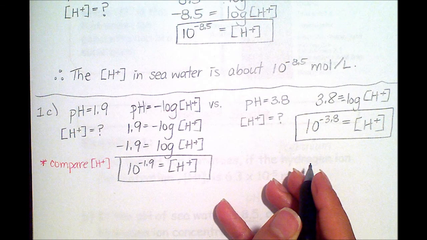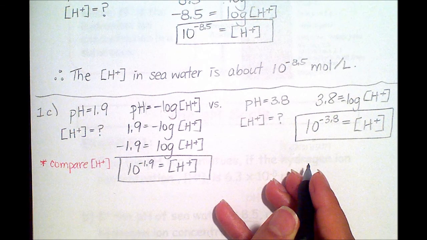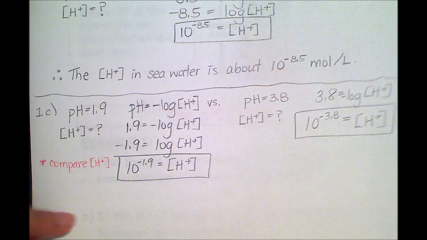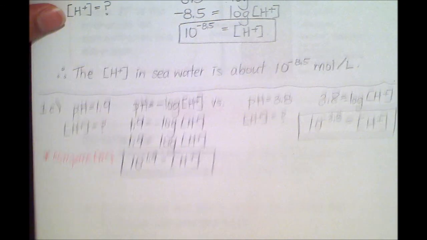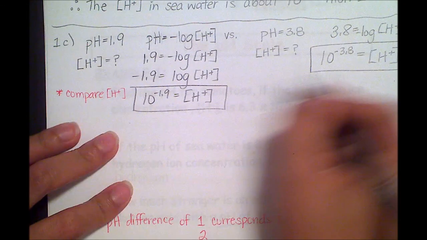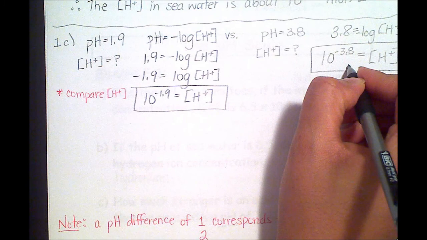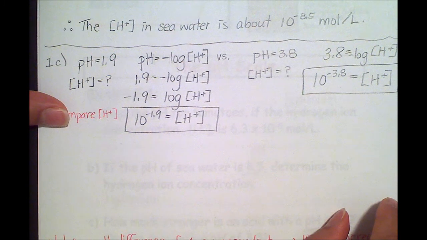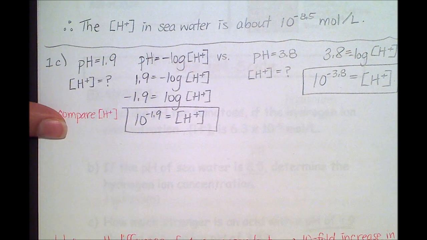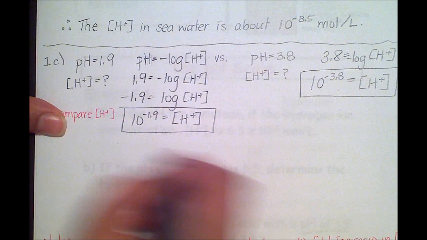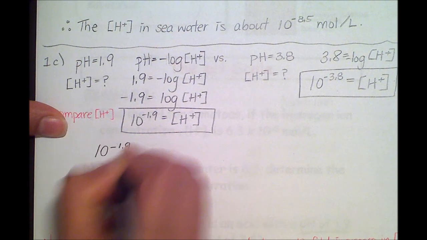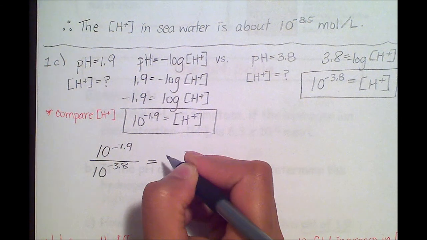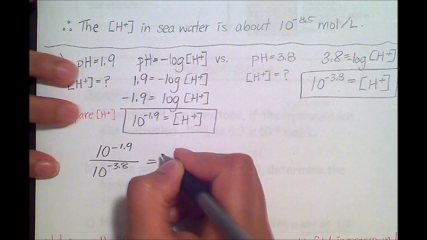So now, to figure out the difference in the concentration, or in terms of the strength of the acid, I'm going to divide the two concentrations of the hydronium ion, and then based on that you can figure out how much stronger the acidity level actually is. So if I do 10 to the exponent negative 1.9 divided by 10 to the exponent negative 3.8, and I do this on the calculator, I get about 79.5.